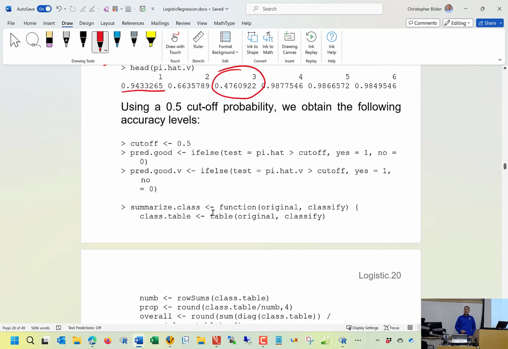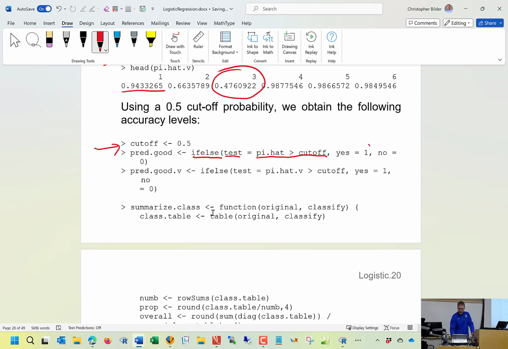So we like to have an automated way to make this prediction of success or failure. And this is where the ifelse function that we've seen earlier in this class can come into play. Suppose I create an object called cutoff, for lack of a better name. We're going to make it 0.5. And then I use ifelse to test a condition: is pi hat greater than the cutoff?